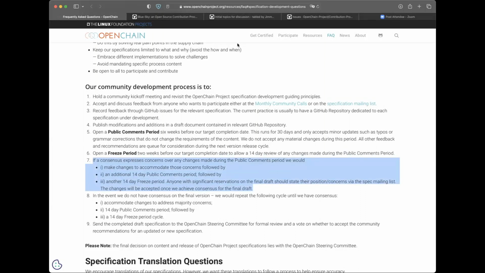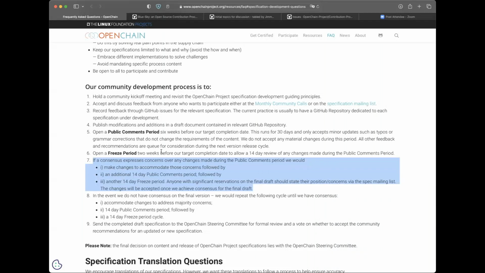But if there are some serious challenges or issues flagged in the public comments period, we will potentially delay the publication of the specification, which would mean that we might take a serious concern and re-edit the document to include that if necessary.